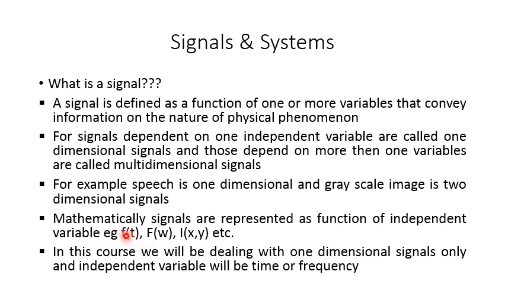So here f is a function or a signal of the independent variable t, right? In this case we can say this is a one-dimensional signal because there is only one independent variable. Similarly, f of omega is a function of omega, and because this is a single independent variable, we call such a signal a one-dimensional signal.